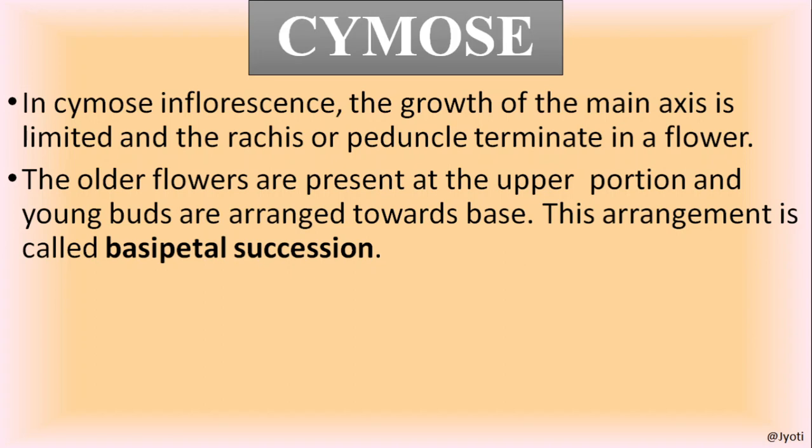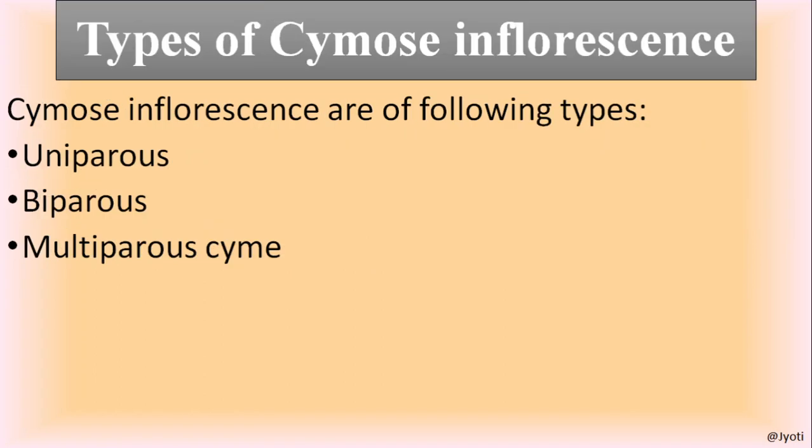But in cymose inflorescence, the peduncle terminates with a flower, and that is always an older flower. So the older flowers are present towards the center and the younger flowers are present towards the periphery. Younger flowers as well as buds are developing towards the periphery, and this is called centrifugal or basipetal succession.